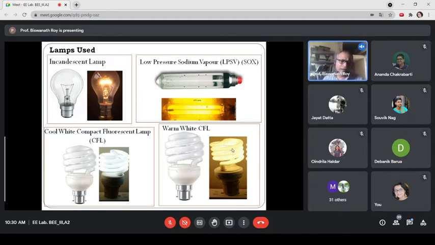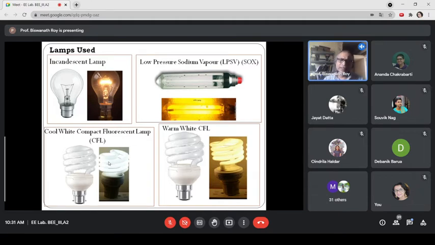On the other hand, when the proportion of blue emitting phosphor material is more compared to the red emitting phosphor material, such that under operating condition the proportion of blue radiation is more compared to the red, then the light is white, but it is bluish white or cool white.